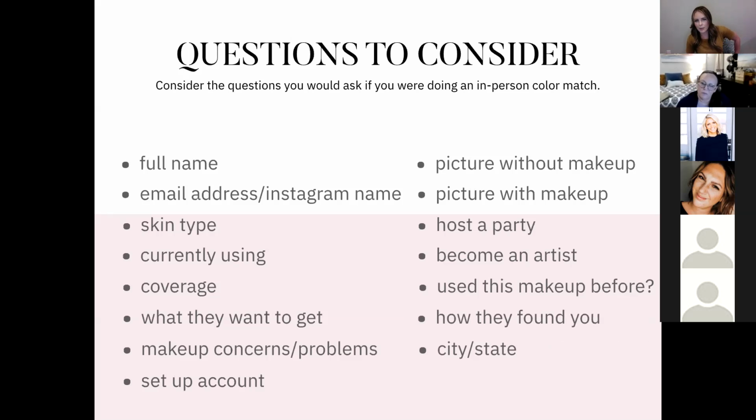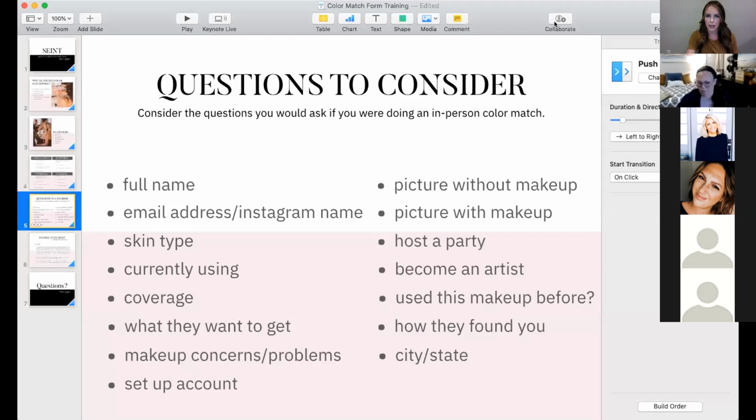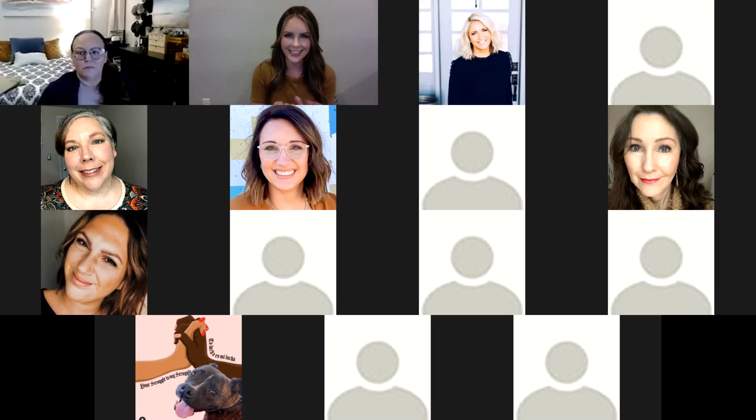Okay, so this is what we're going to talk about, creating them an account. The reason why I like to know what city and state they live in is because I like to create them an account. I'm just going to stop the screen share for a second so that I can talk to you and see you.